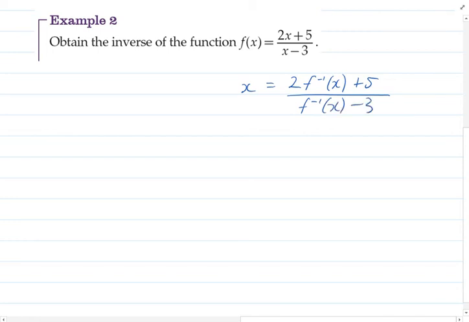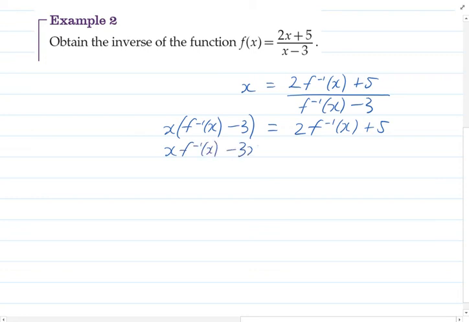Okay, so we're going to have to split this fraction up, so I'm going to times both sides by the bottom, and that will give us x times the inverse function minus 3. Okay, and so we'll expand our brackets, so we've got x times the inverse function minus 3x equals what we had before.